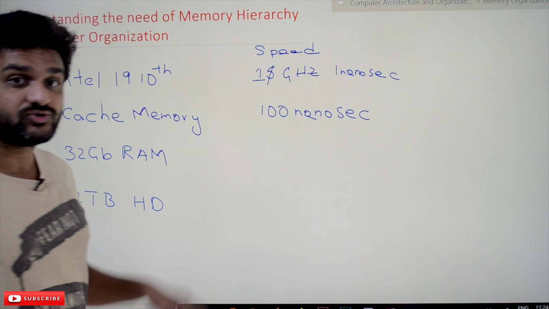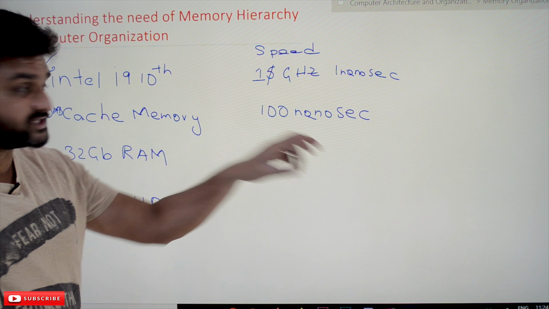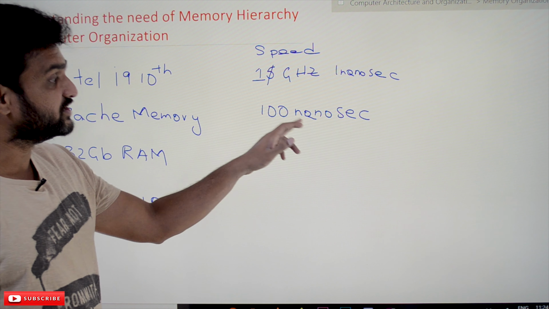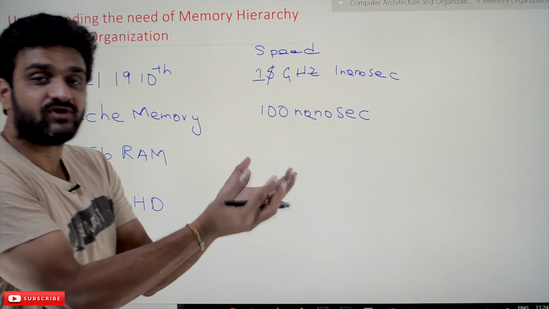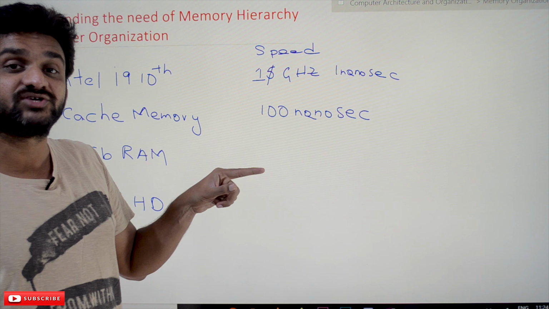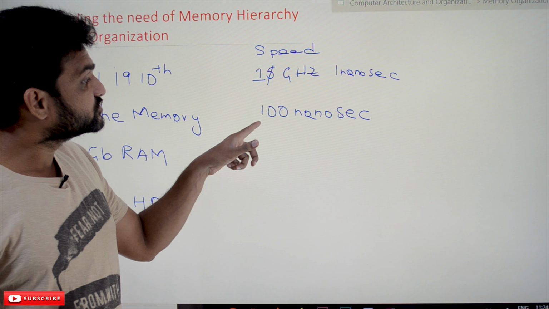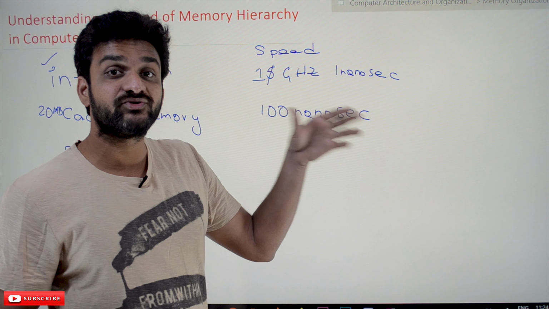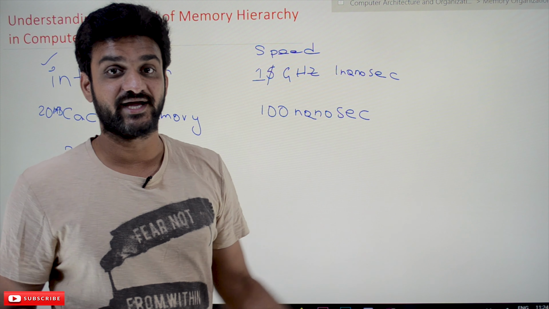To fetch one value from the memory, the cache memory is going to take 100 nanoseconds. Let's see the difference. In 1 nanosecond, one instruction will get executed, but to execute an instruction with memory reference, it is going to take 100 nanoseconds.